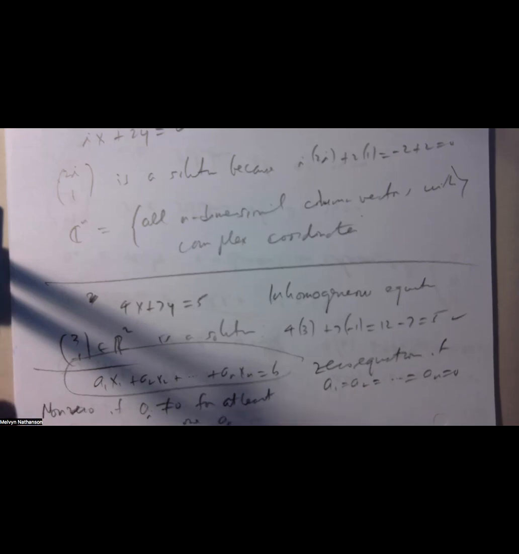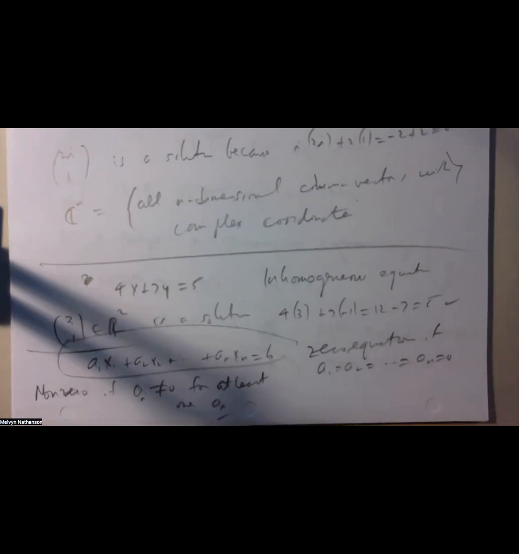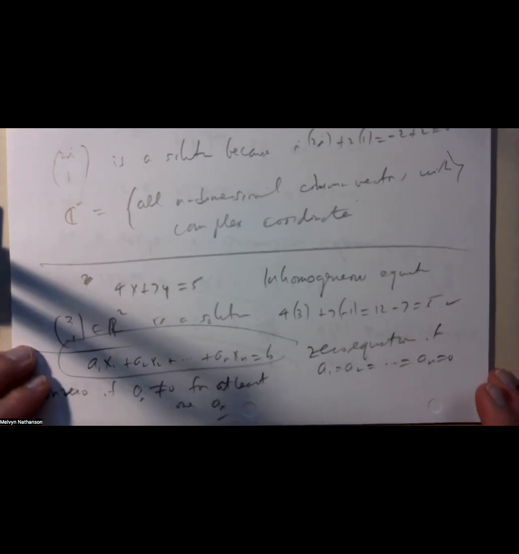Often we'll say we're really just dealing with non-zero equations. If you have the zero equation, if all the a's are zero and b is zero, every vector is a solution. And if b is not zero, no vector is a solution. So we've completely described the solutions of zero equations.